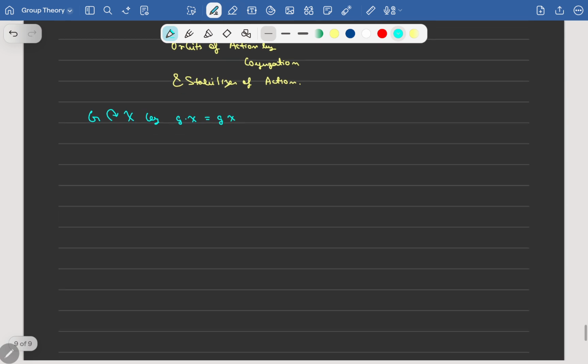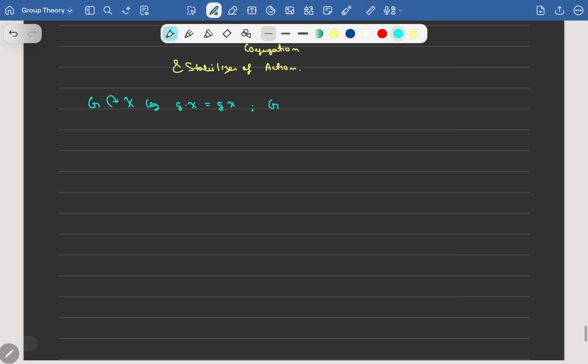Here we write the orbit of an element x in X as the collection of all elements of the form gx as g traverses over the group G, and the stabilizer of x is the collection of all the elements g in G such that x is fixed under g. In most books you will also find this notation, orbit of x.